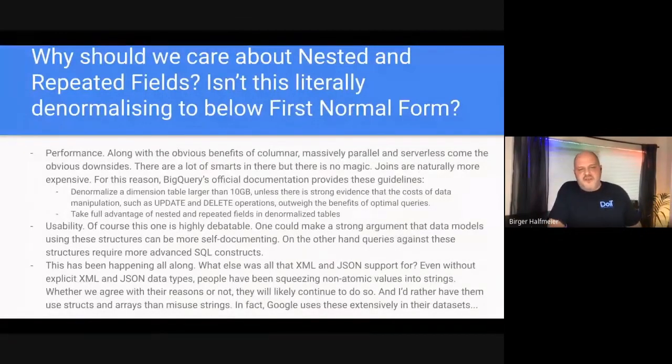Usability, that's obviously very debatable, but you could make a strong argument that in some cases, at least, a table that's got everything contained within itself is a lot more self-documenting. The relationships are kind of obvious, the joins have already been done for you. You don't need to go looking for foreign key constraints, and work out what the relationships are, or make a guess based on the name. It's already there.